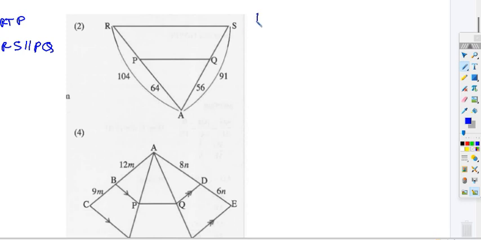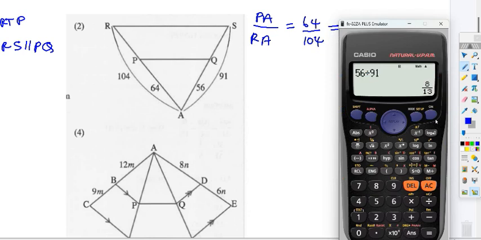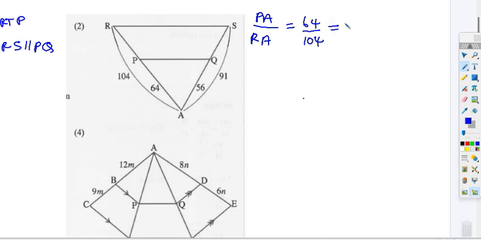So we are saying PA over RA, here we have 64 over 104. Right, I need my calculator there to quicken things. There it is. So 64 over 104 is giving me 8 over 13.